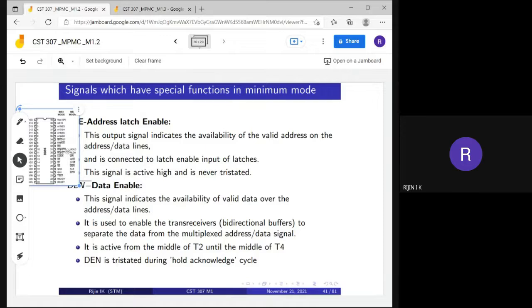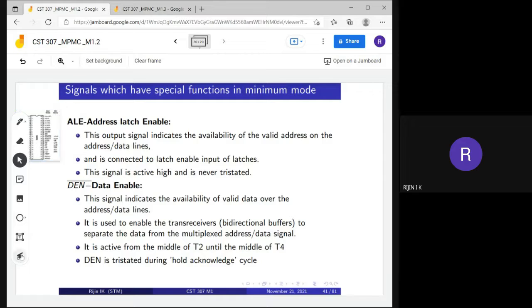Actually, this ALE pins signals, actually it is used to indicate the availability of a valid address on the address bar data line. As we have discussed that in the address bar data bus, it can send both the address and data. That means during the first clock period, it will send the address and later it will be sent the data. So who is deciding that? That is ALE.